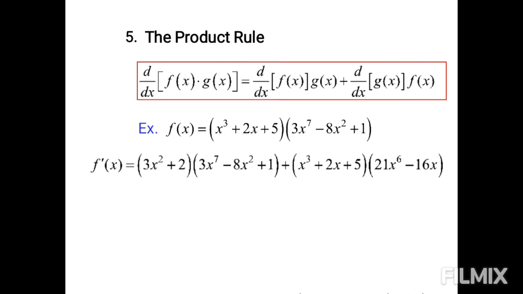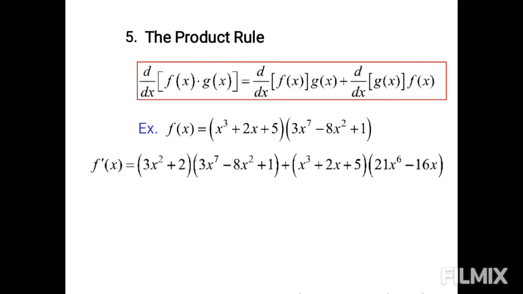That's why we only have 3x squared plus 2, and then we need to multiply it to our second function, the quantity 3x to the 7th power minus 8x squared plus 1, and then plus. It has been interchanged, but it's okay because we are looking for the product this time. So just copy this first function here and then multiply it to the derivative of the second function.